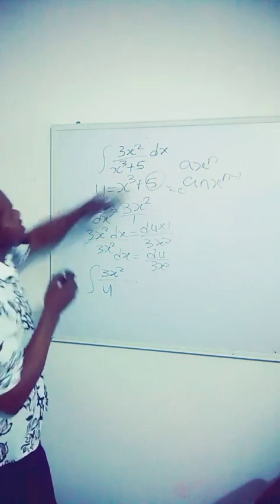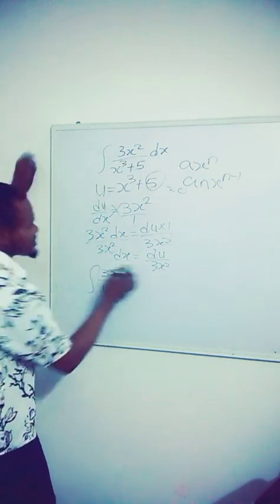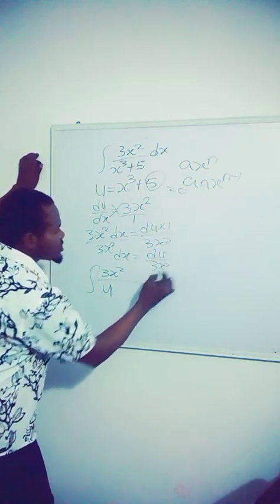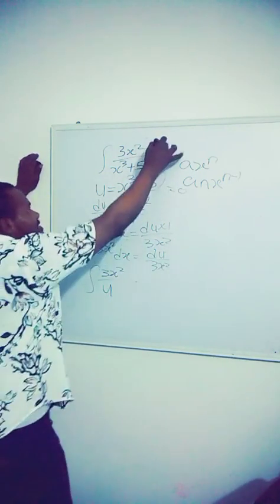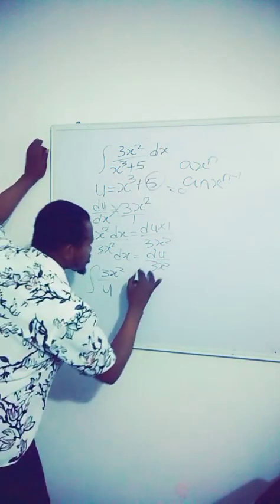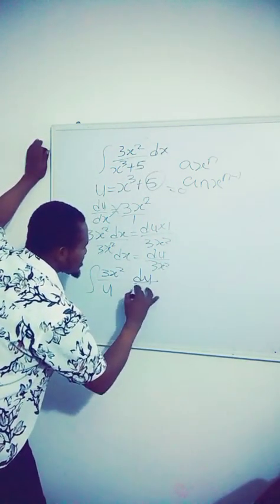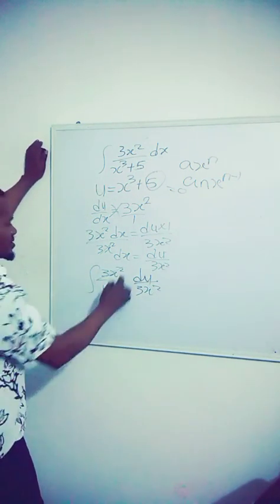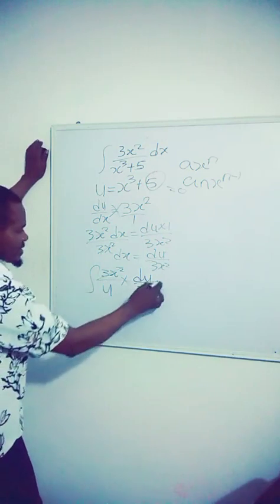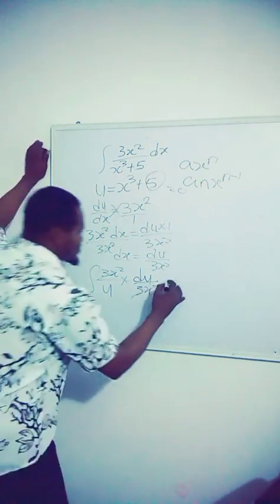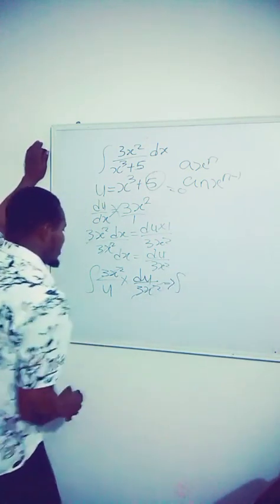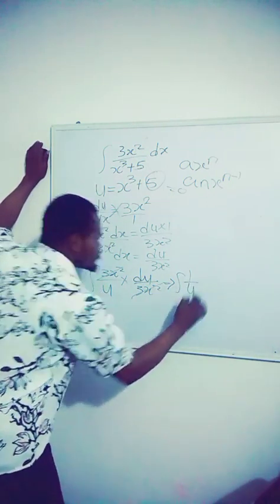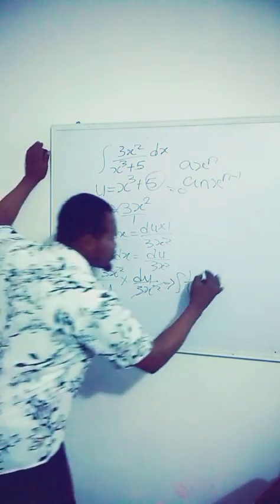The next thing is dx, and here is our dx, du over 3x squared. Instead of writing dx, it's going to be du over 3x squared. 3x squared cancels 3x squared. So you are left with the integral of 1 over u, du.